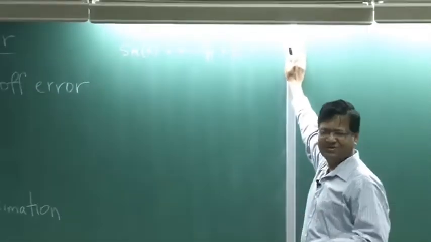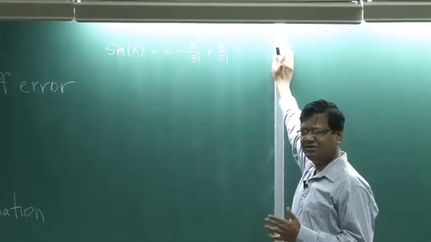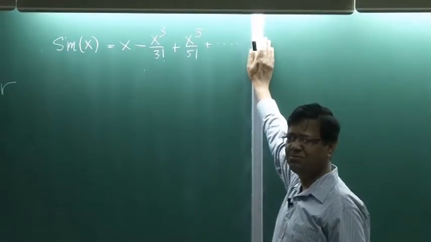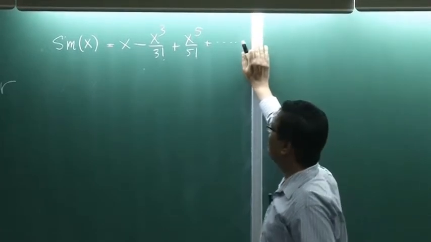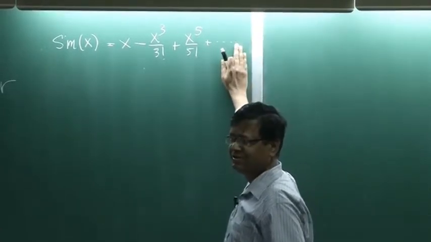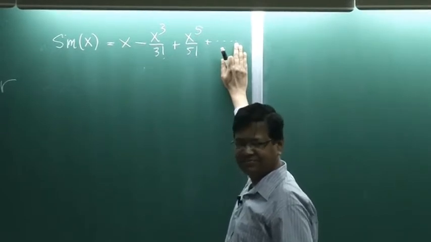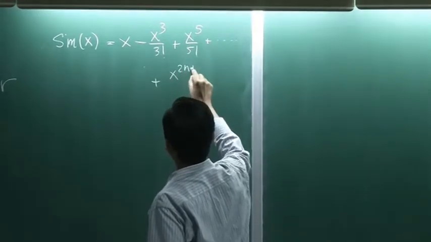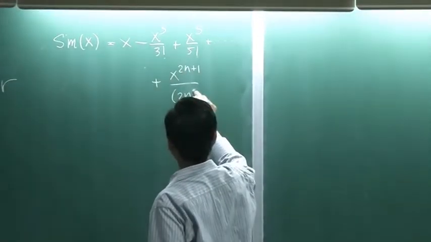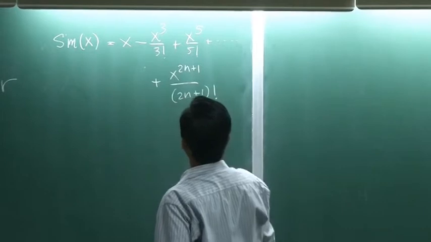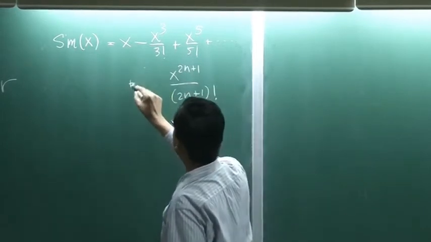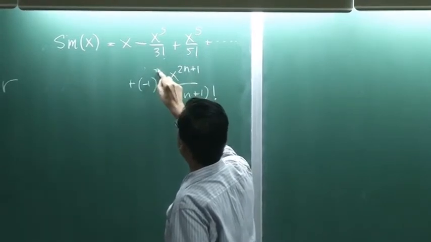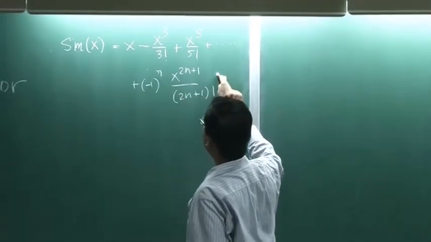So, this will be some loop. These are implemented with some clever tricks, but most of the time it is just a simple implementation of the series. Now, this series I will truncate somewhere, but as soon as I truncate, there is error. Suppose I truncate at x to the 2n plus 1 by 2n plus 1 factorial, with the sign depending on n.